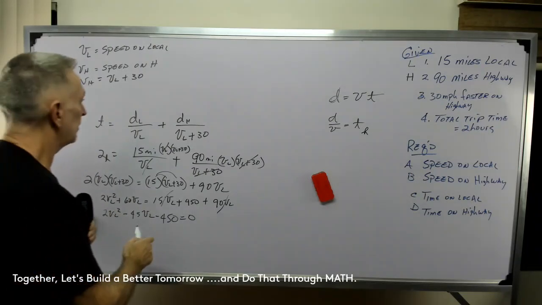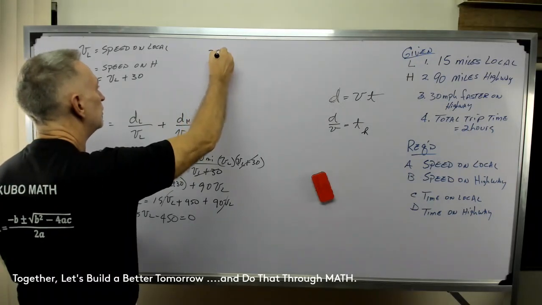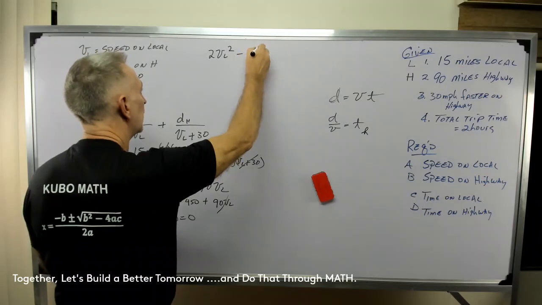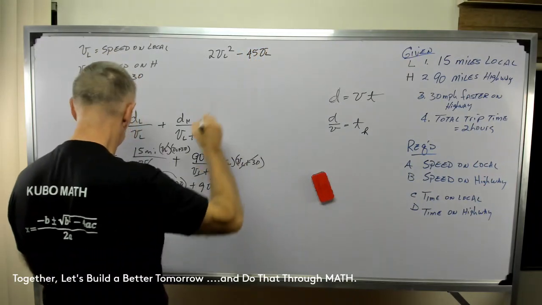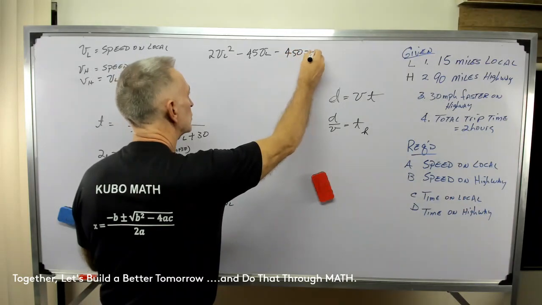All right, let me put that up here. 2 V sub L squared minus 45 V sub L minus 450 equals 0.